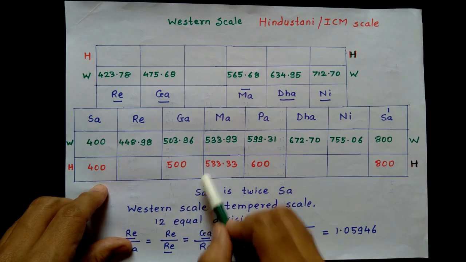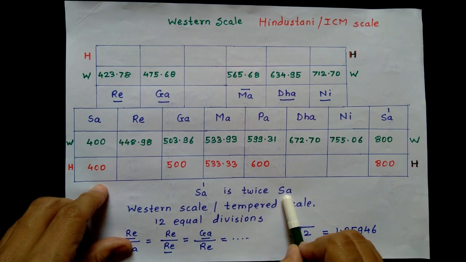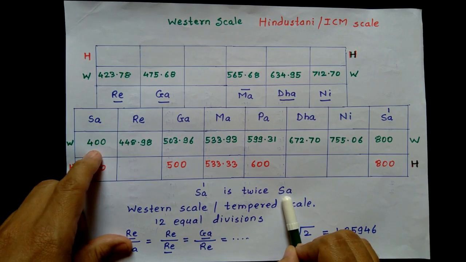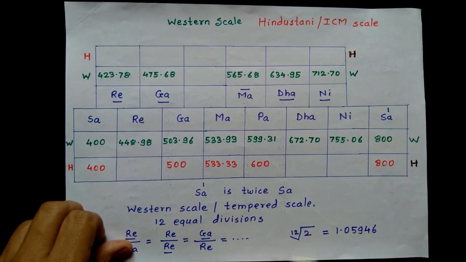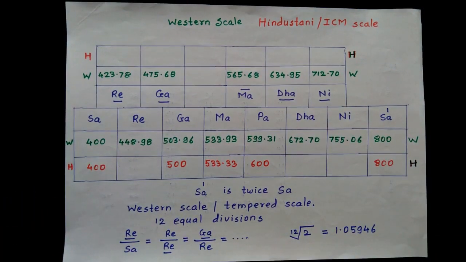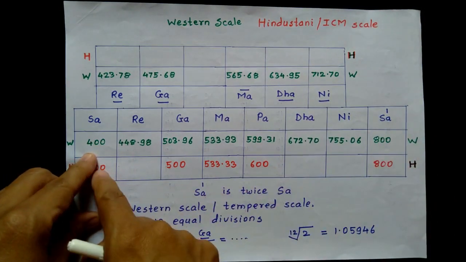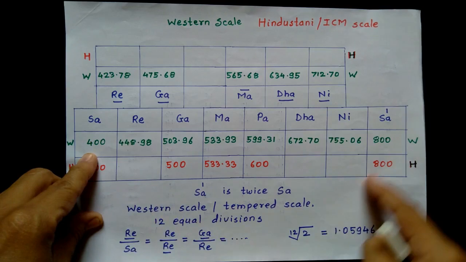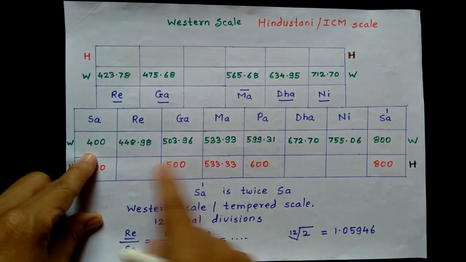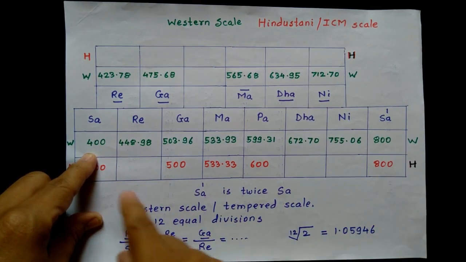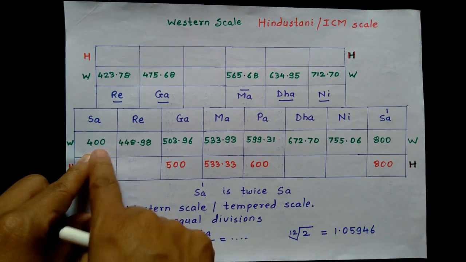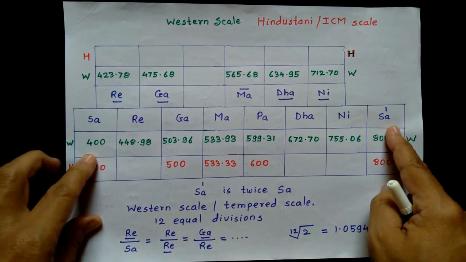So, upper sa is always twice that of lower sa, that is the sa reference. In the Western scale, the range between sa and upper sa is divided equally into 12 parts to get the notes between them.